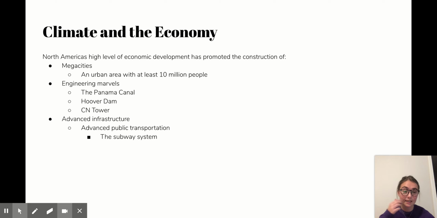But all of these things have been able to happen. All of these crazy things that we think are normal, but we know other countries or other places don't have, because our economy has been able to develop because we have so many natural resources, and we've been able to grow the food that we need and then sell the extra for money and all of that kind of stuff, which pretty much gives people more time to do stuff other than grow crops and survive.